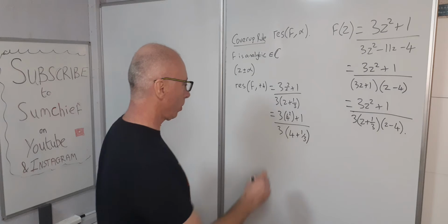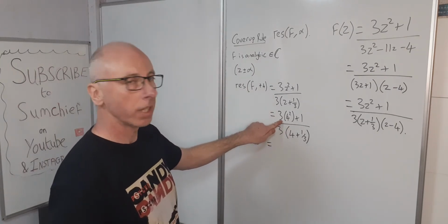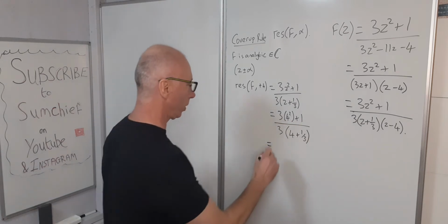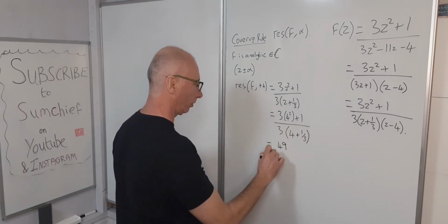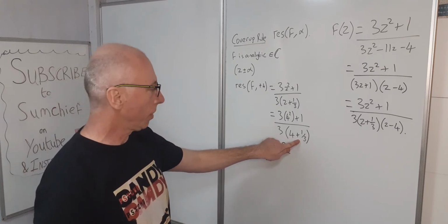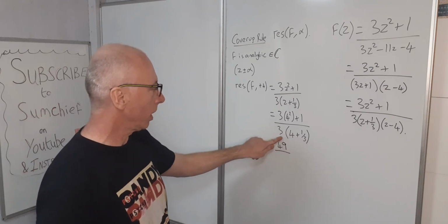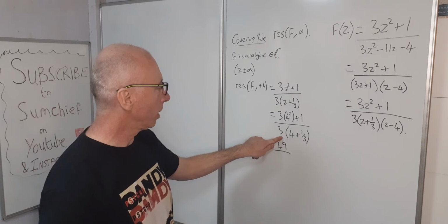Okay, let's work that out. 4 squared is 16, times 3 is 48, plus 1 is 49. 4 plus a third is 4 and a third, so that would be 12 over 3 plus 1 over 3, that's 13 over 3.